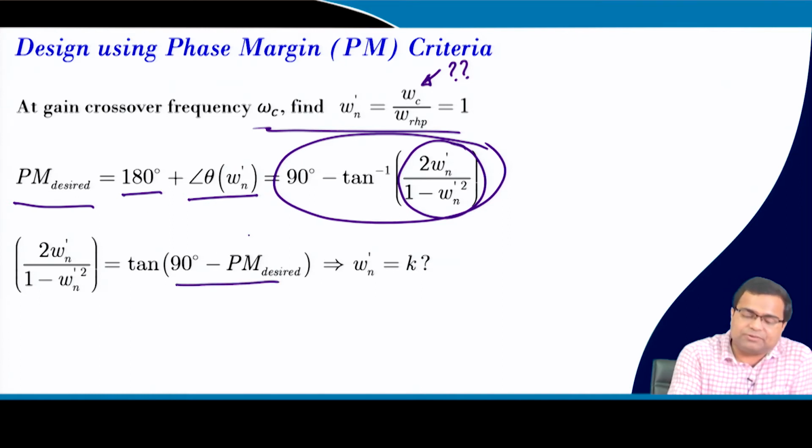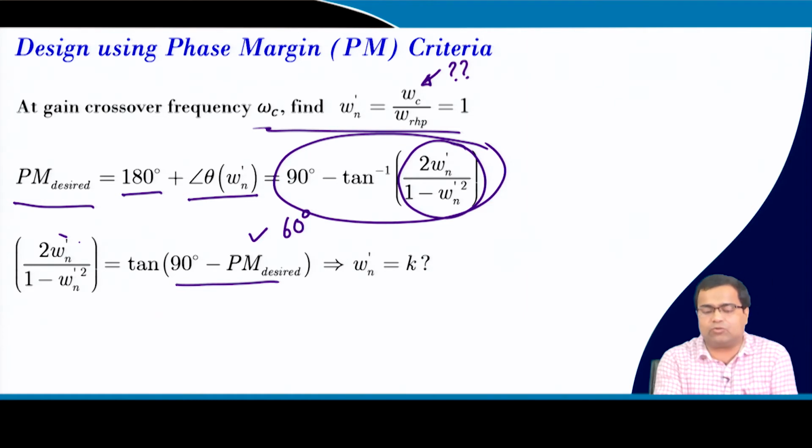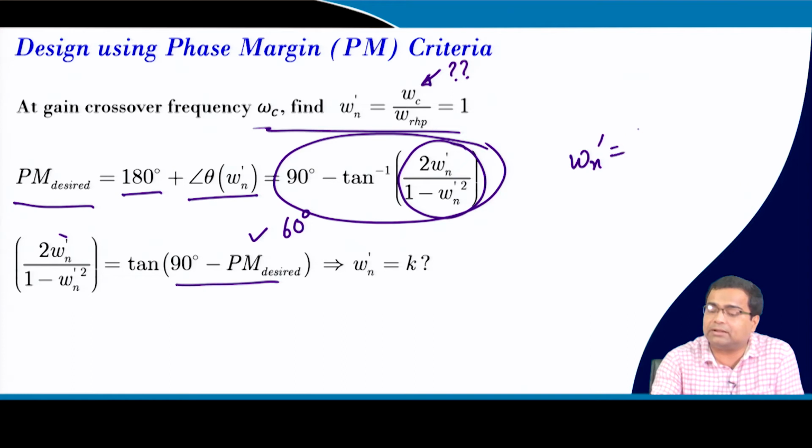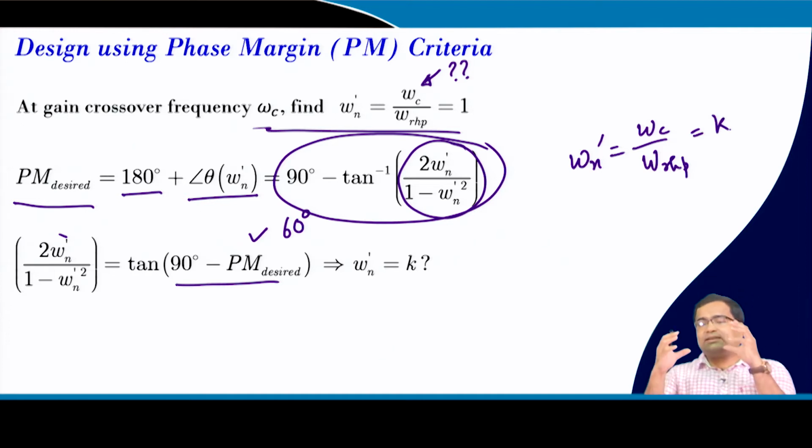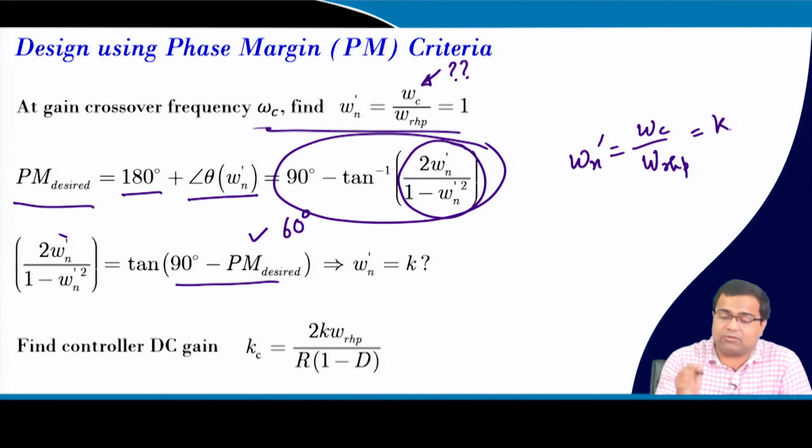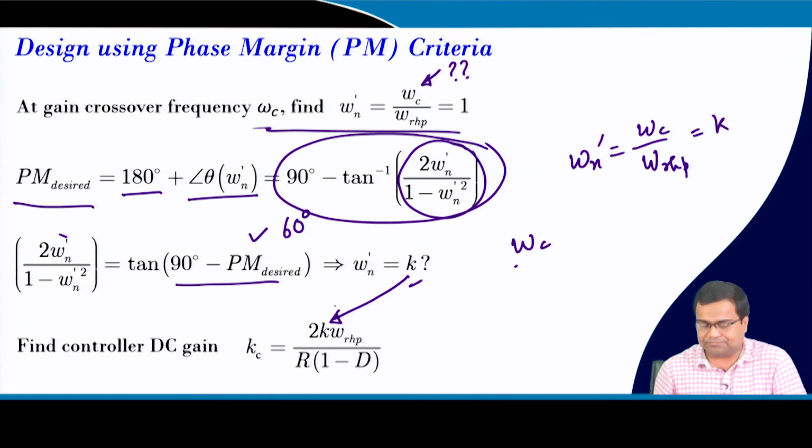So, if you set some phase margin, let us say 60 degree, then tan 30 degree, then you can find out what is my omega n dash. It is nothing but omega c by omega RHP, and this we have taken k, because we have taken omega c equal to k times omega RHP, right. So, you can find out k from here, and once I find k, I can find out omega c.